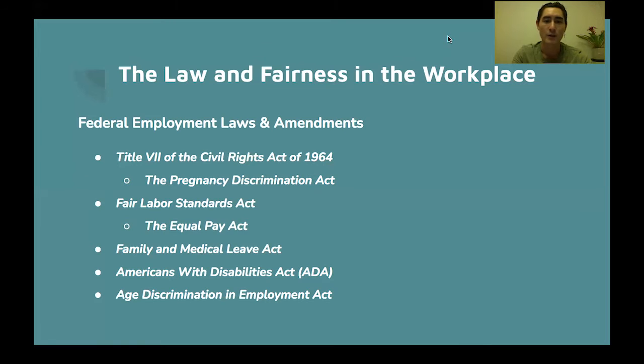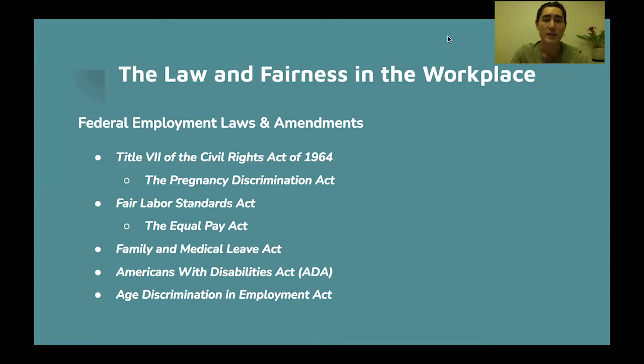The law also requires that employers reasonably accommodate the known physical or mental limitations of an otherwise qualified individual with a disability who is an applicant or employee, unless doing so would impose an undue hardship on the operation of the employer's business. Disability is defined as a physical or mental impairment that substantially limits one or more major life activities.